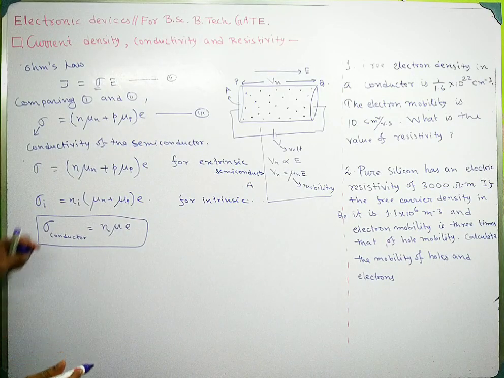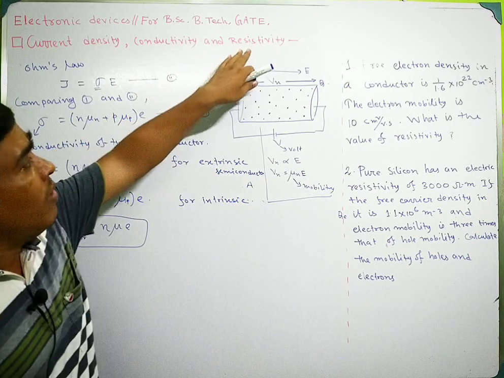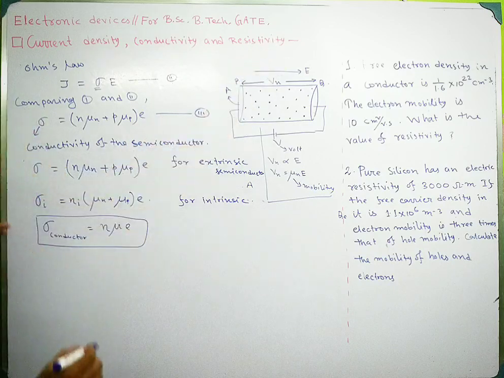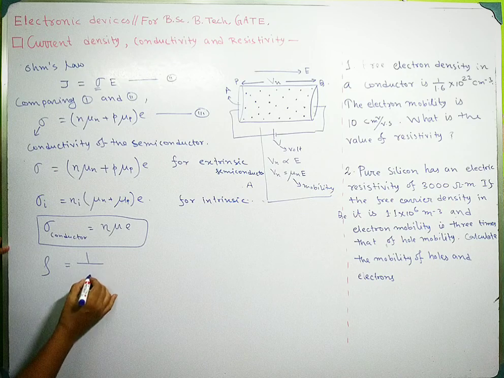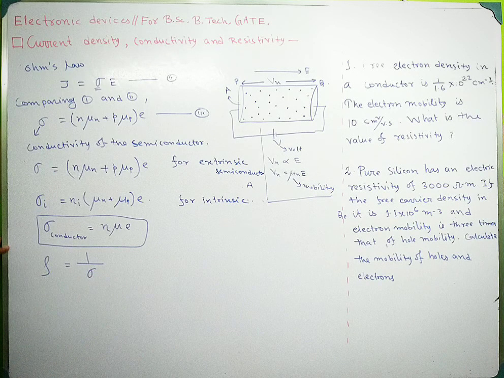Now, if I want to define resistivity, resistivity rho is defined as the inverse of conductivity.